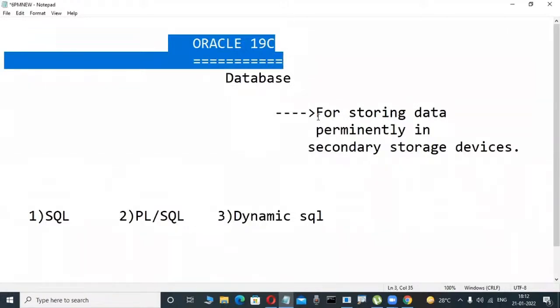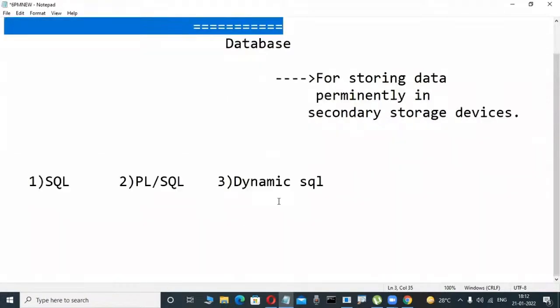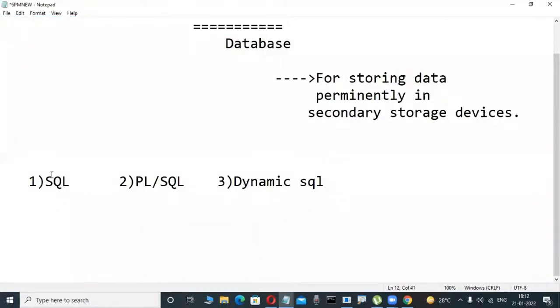Up to this point I am telling small things, but some first-time newcomers ask, sir, SQL means maybe some commands only, insert, update, delete, which we are also familiar with.